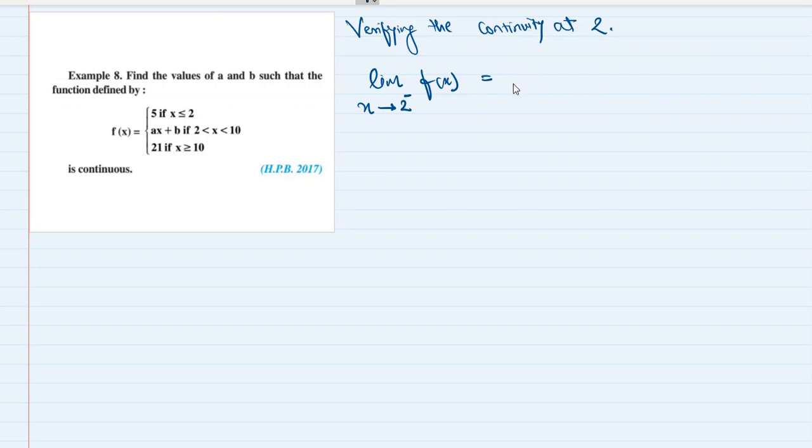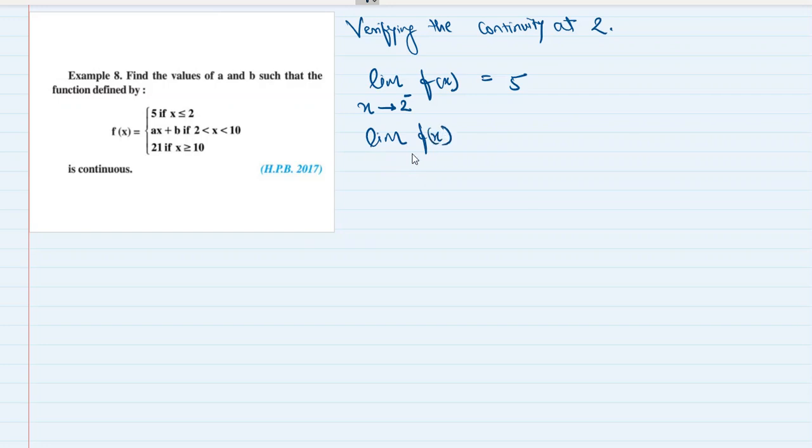Of course, when we approach 2 from the left hand side, the value of this function is constant, which is 5. Left hand side means we are at a number which is smaller than or equal to 2. So the value of the function is 5.